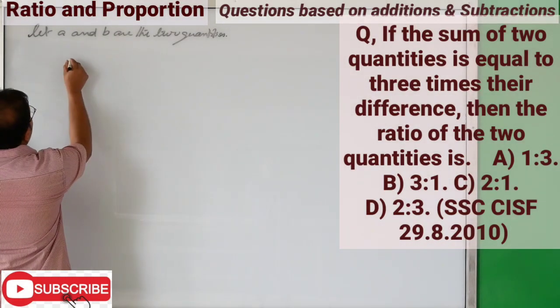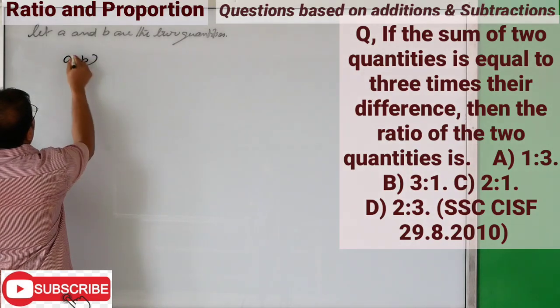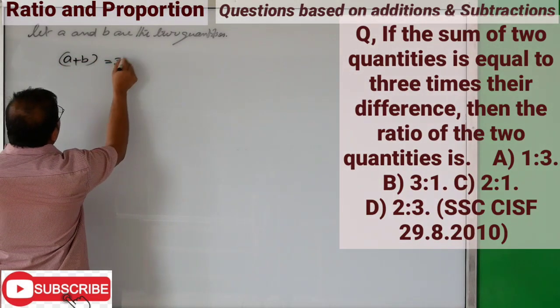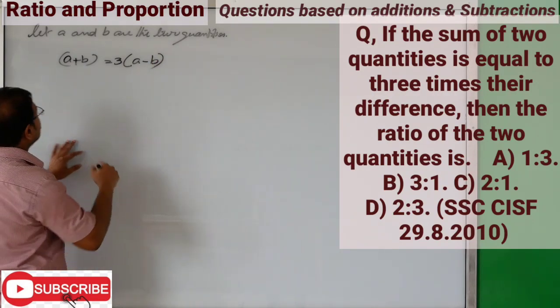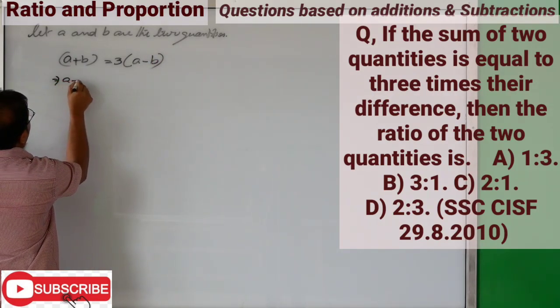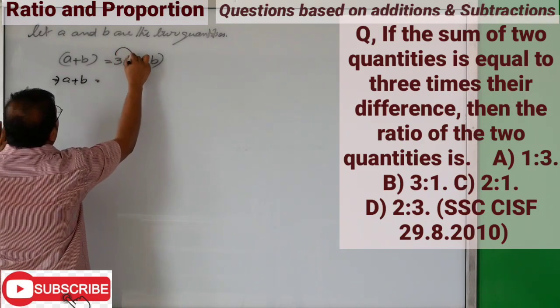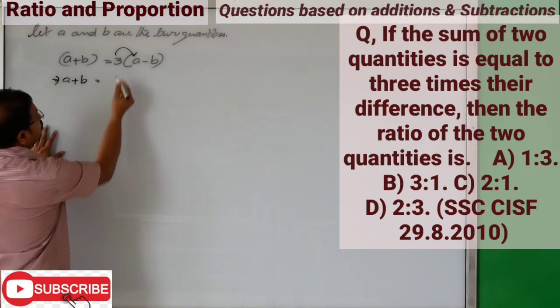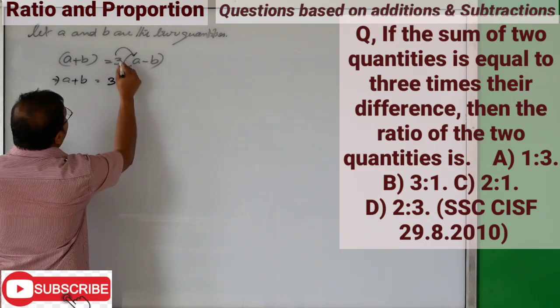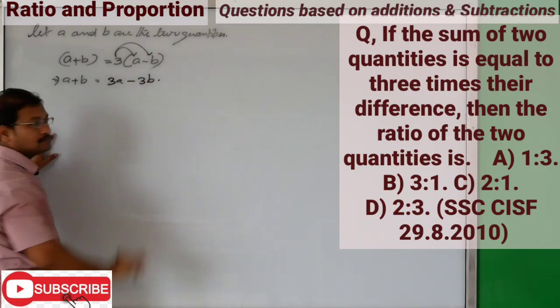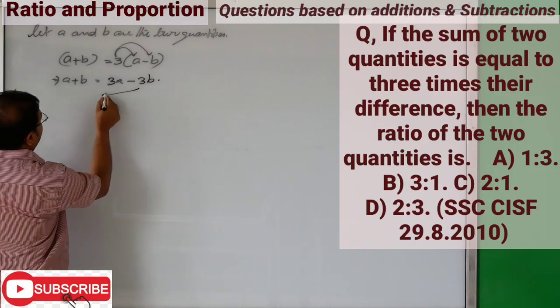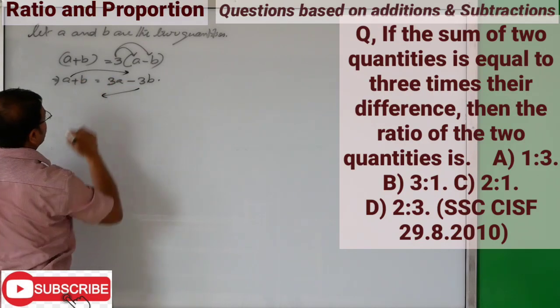Now the sum of the two quantities equals 3 times their difference. That means what will you do? A plus B, the sum of the two quantities, equals 3 times their difference. Difference means minus. Ready? So this implies A plus B equals, we will open with 3: 3 into A, 3A. After that 3 into minus B, minus 3B. Ready? After that, B will carry to the other side, and of course A will carry to the right side.